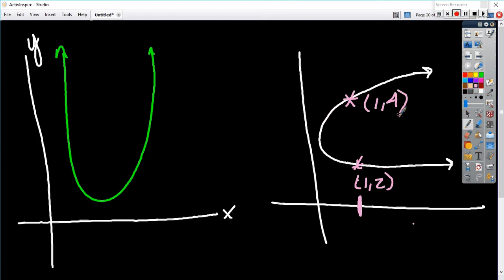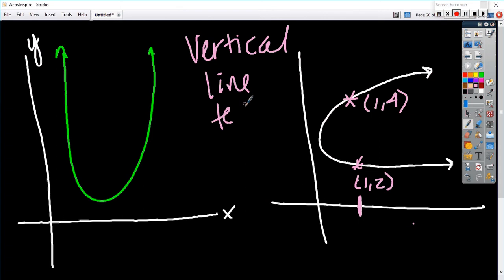So we use what we call a vertical line test. If you take a vertical line anywhere on your graph and it hits more than one time, it hits twice, then it fails and it's not a function.